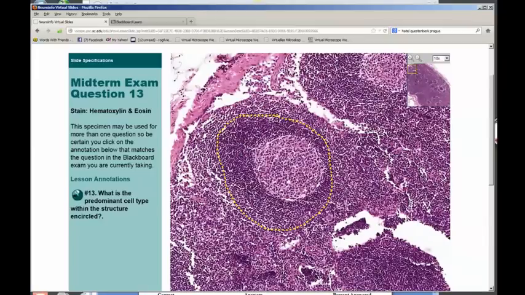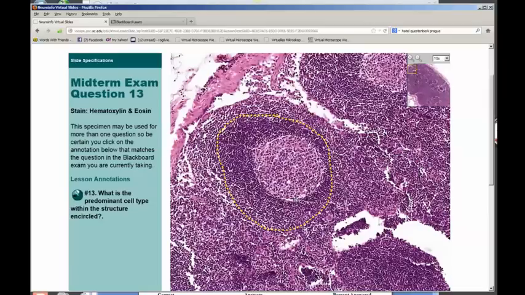And there you have a lot of dense basophilic staining and very lighter staining and more eosinophilic here. So this is a lymphatic nodule. It's a secondary lymphatic nodule, and it has a germinal center. And in the germinal center, the dominant cell type of the whole thing would be B lymphocytes, or you could put lymphoblasts or B cells, but not T cells.